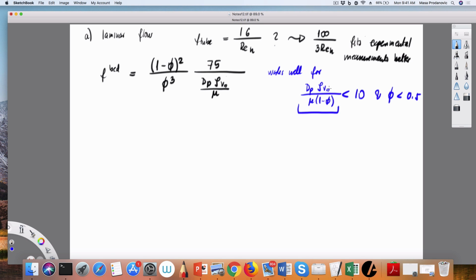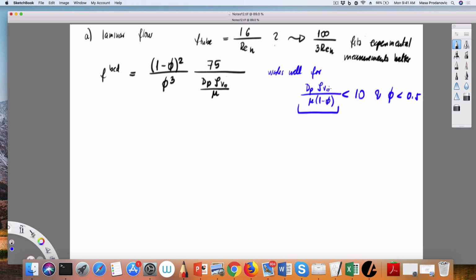Yes? When we solved for the friction factor last week for tubes, we used radius. Yes, because in a tube I have, but we did define it in terms of diameter in the end. Why didn't we do it in hydraulic radius? Didn't we substitute R here? Because for tubes, hydraulic radius is something that I use for more complex geometries in general. If I just have a plain tube, I have a plain tube.